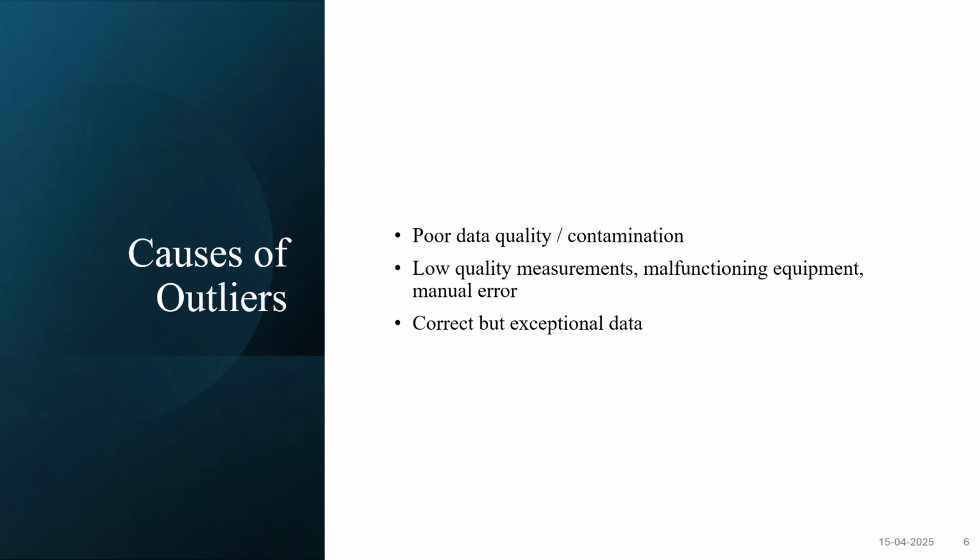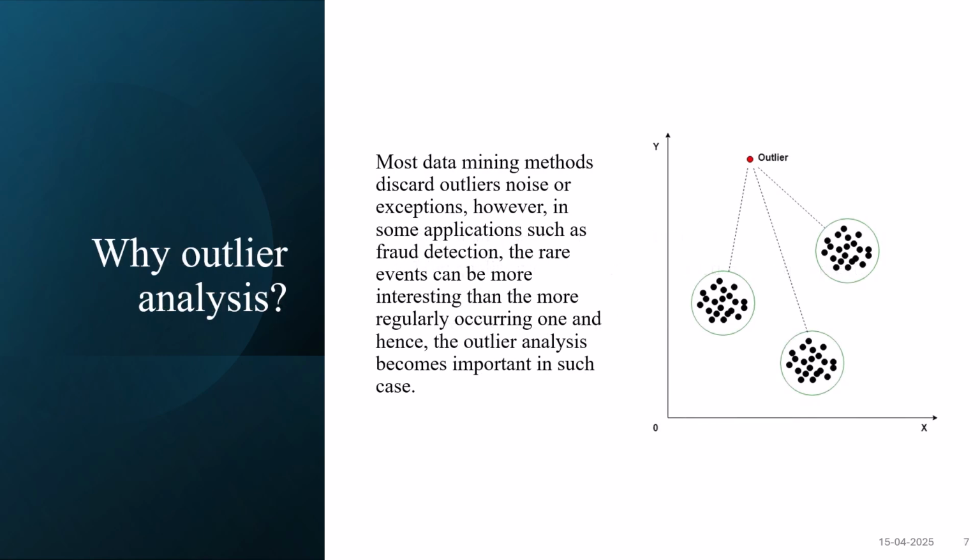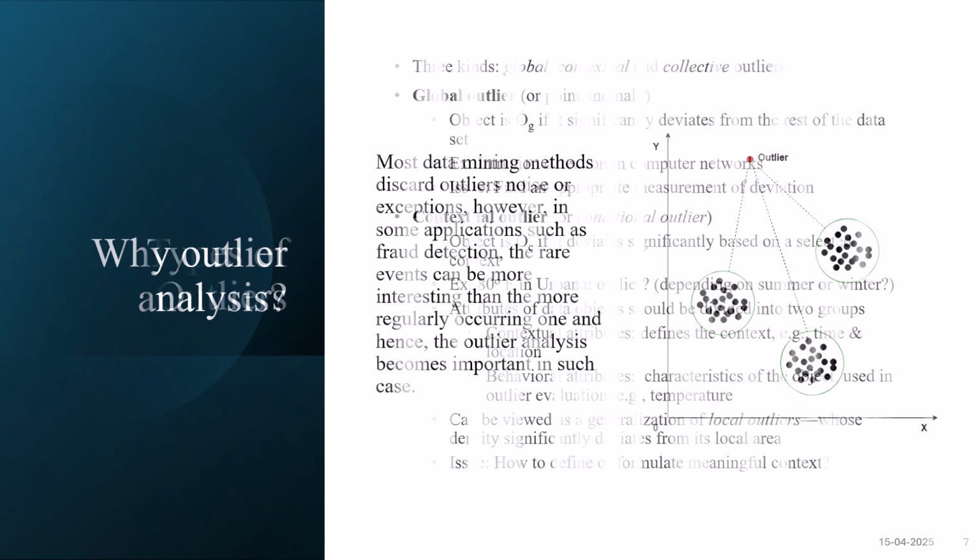Causes include poor data quality or contamination, low quality measurements, malfunctioning equipment, and manual error, as well as correct but exceptional data. Most data mining methods discard outliers as noise or exceptions. However, in some applications such as fraud detection, the rare events can be more interesting than the more regularly occurring ones, and hence outlier analysis becomes more important in such a case.